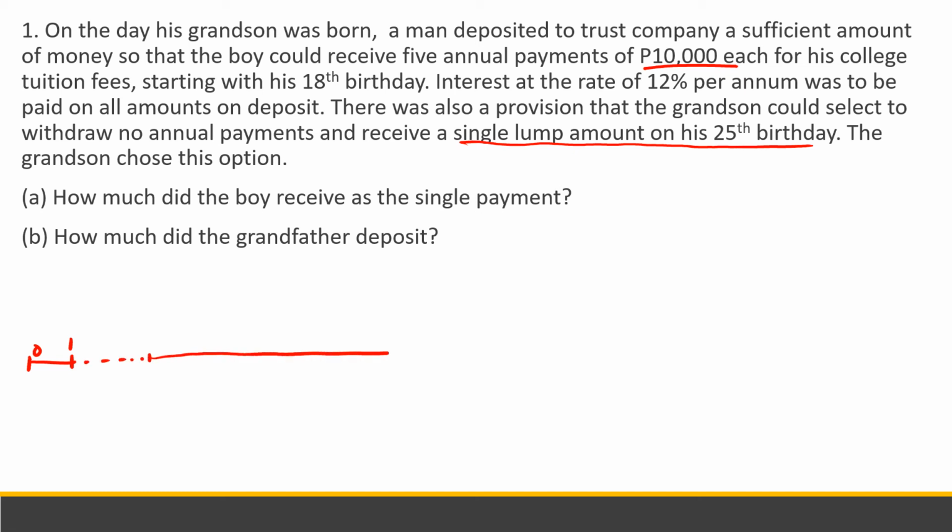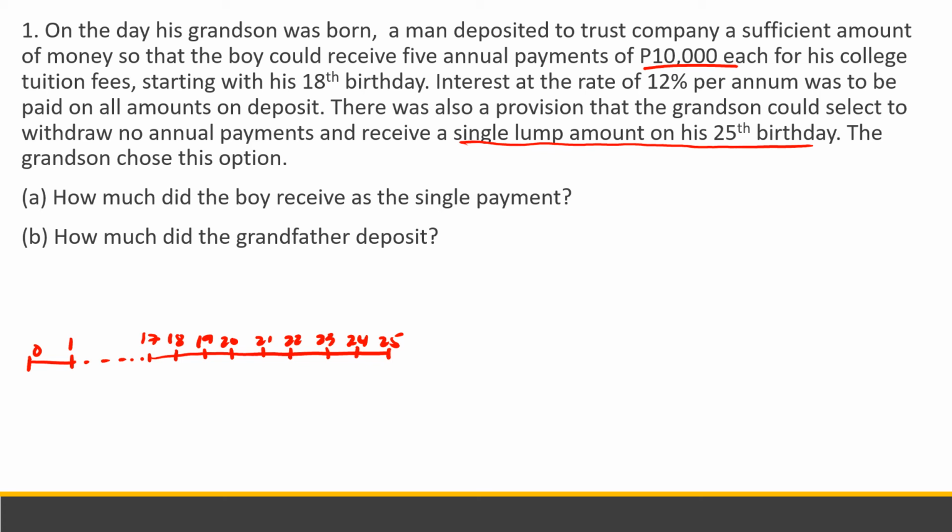This is 17, 18, 19, 20, 21, 22, 23, 24, 25. So this is the timeline for the 25 years.